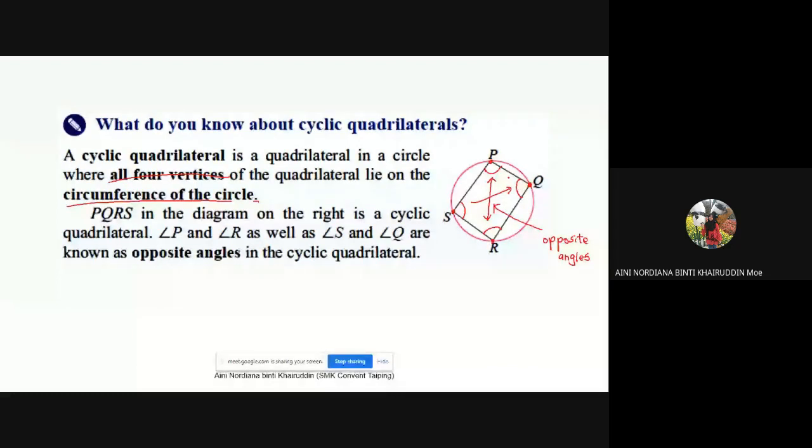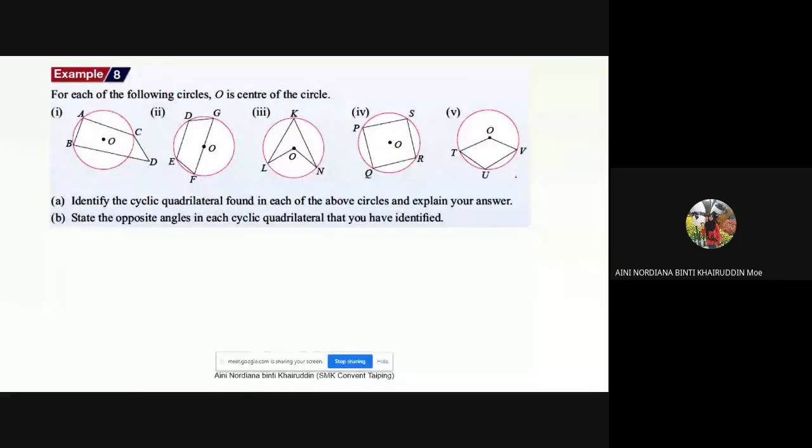Okay, so have a look at this example. Example 8. For each of the following circles, O is the center of circle. Identify the cyclic quadrilateral found in each of the above circle and explain your answer. So have a look at diagram 1 here. As you can see, point D does not lie on the circumference. So this is not cyclic quadrilateral.